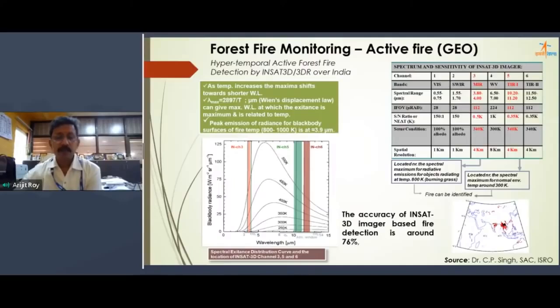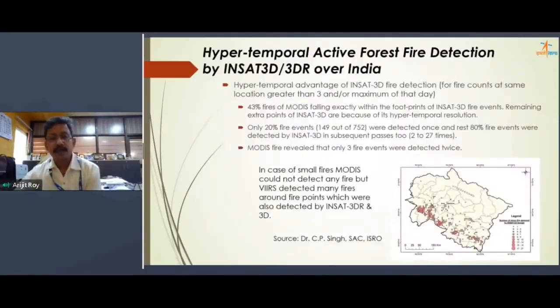So effectively we are able to map the area every half an hour, and this provides information on how long the fire has been at a particular place. Although this sensor, since it is at a height of 36,000 kilometers above Earth, has a coarser resolution of around 4 kilometers, still the big fires which are there for a long time can be identified, and appropriate management can be taken up.